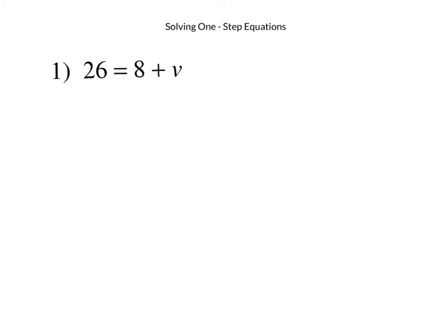Okay, scholars, when solving one-step equations, the object is to always get the variable on one side of the equal sign by itself. And what you want to always do is the opposite of the constant.